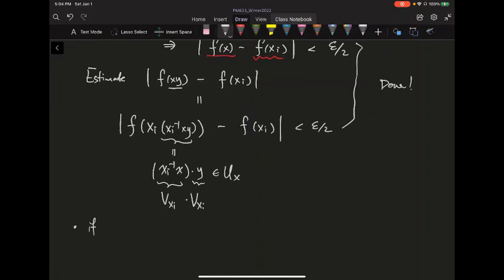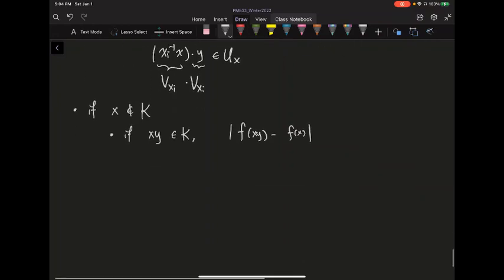So suppose your x is not inside k, then what happens? Well, there are two things that can happen. One is that if xy itself is inside k, then look at f(xy) minus f(x).